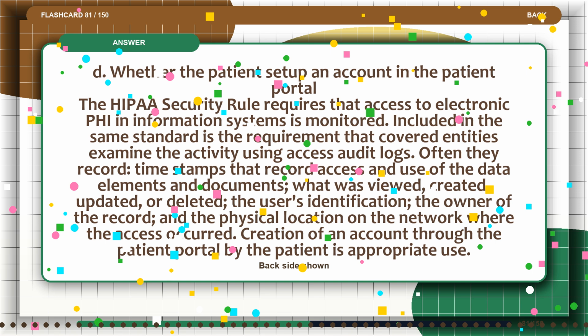Often they record timestamps that record access and use of the data elements and documents, what was viewed, created, updated, or deleted, the user's identification, the owner of the record, and the physical location on the network where the access occurred. Creation of an account through the patient portal by the patient is appropriate use.